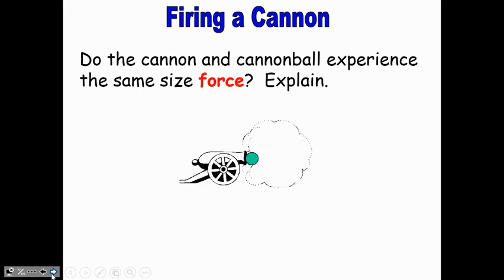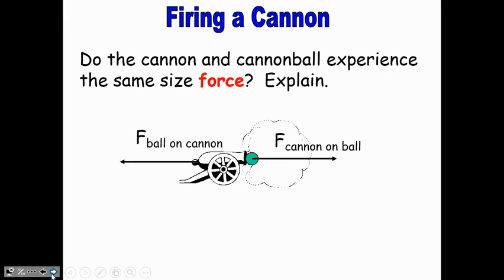Let's say that you fire a cannonball from a cannon. Well, in this case, the action-reaction pair, according to Newton's third law, would be this. The cannonball feels a force from the cannon on the ball, and simultaneously the cannon recoils because the ball pushes the cannon backward.